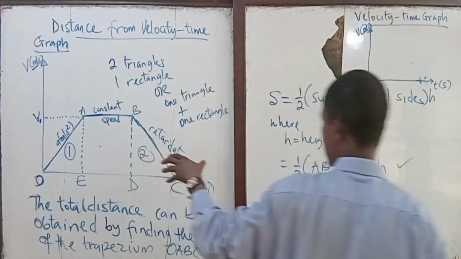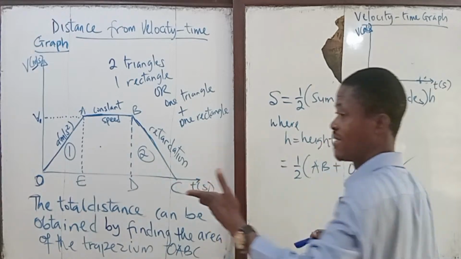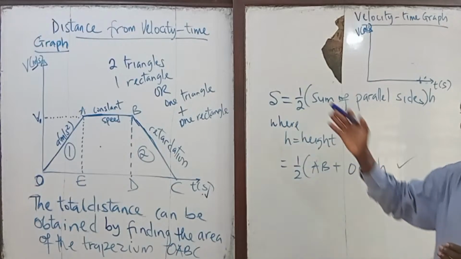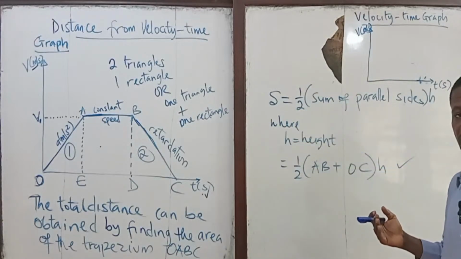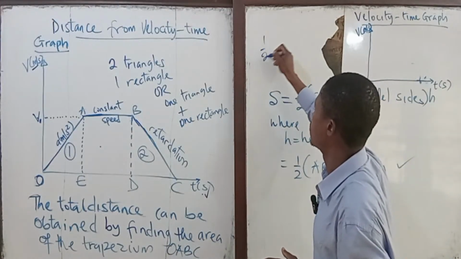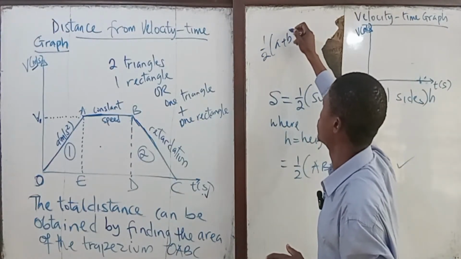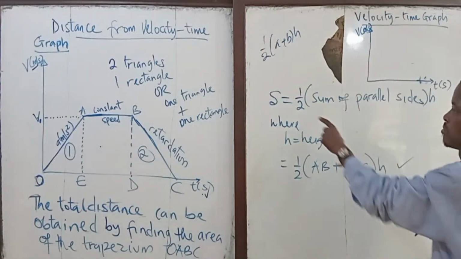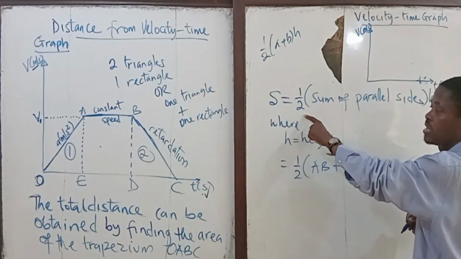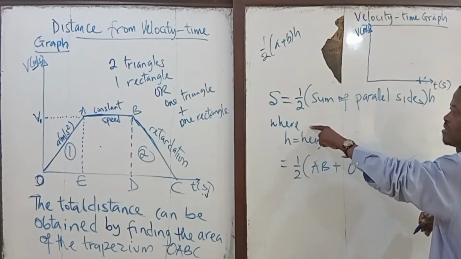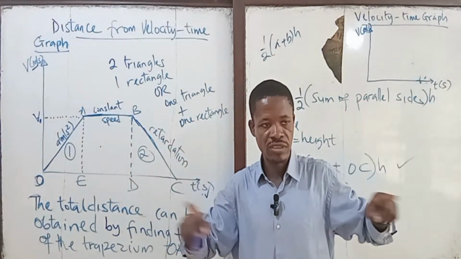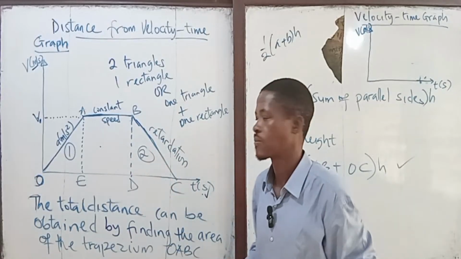Okay, so for this example, for total distance, you look at the shape, and the shape we have here is a trapezium. The formula for the area of a trapezium is half times (a plus b) times h. The total distance is half times the sum of parallel sides.